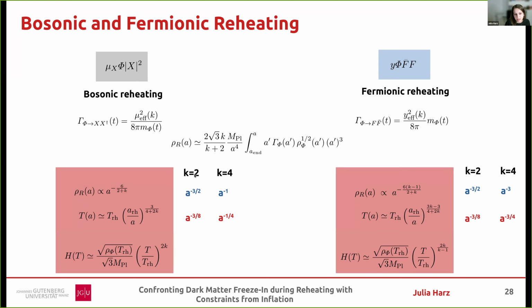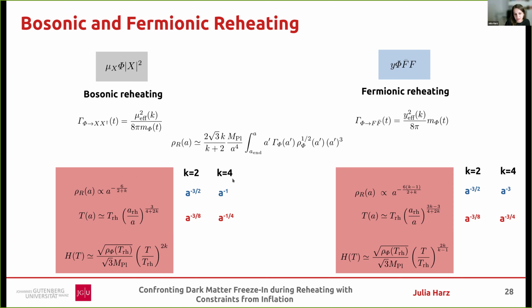So now, depending on whether we have bosonic reheating or fermionic reheating and different powers of the inflaton field, the scaling of the energy density of the radiation changes. For instance, you see here that the energy density of radiation for k equals 2 is the same for bosonic reheating and fermionic reheating.